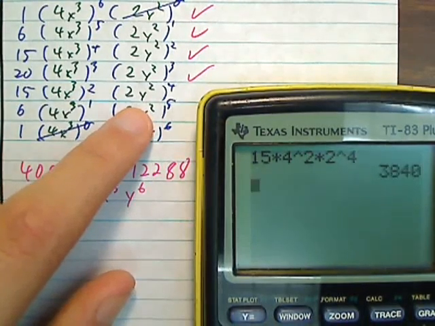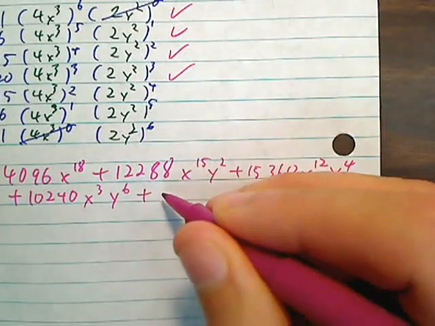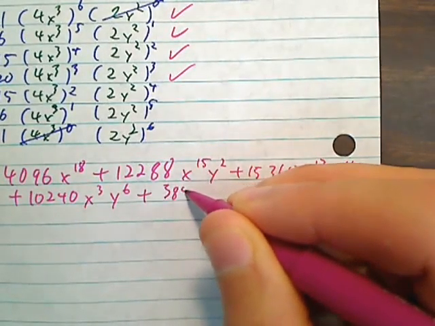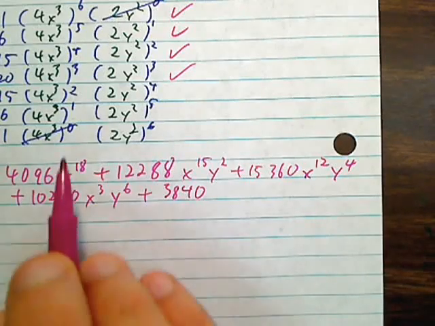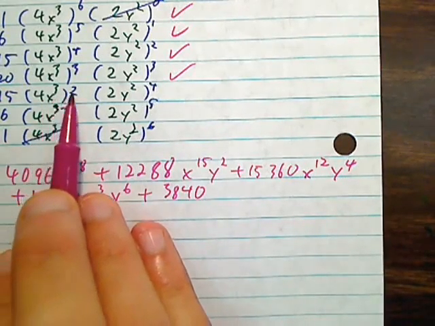Sometimes it's just easier to type it. What do I get? 3840. We're on the home stretch here. We're almost done. Look at your exponents. Okay, 3 times 2 is 6. 2 times 4 is 8.